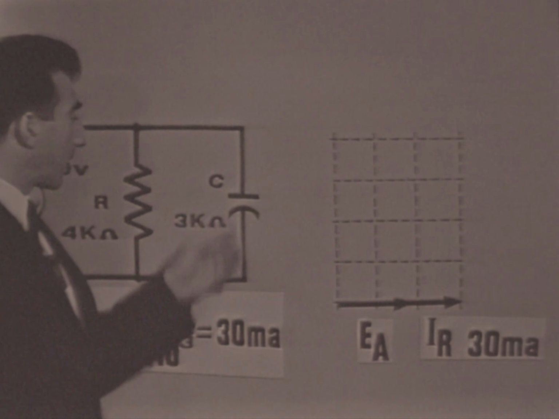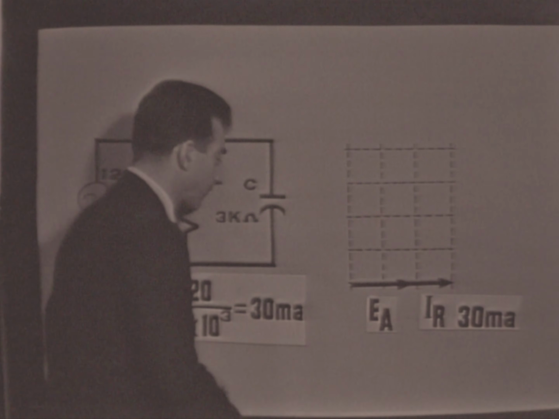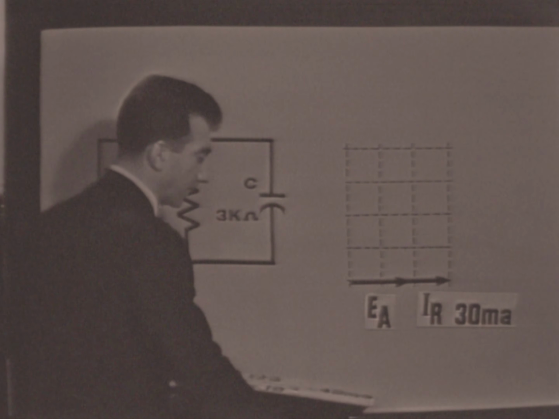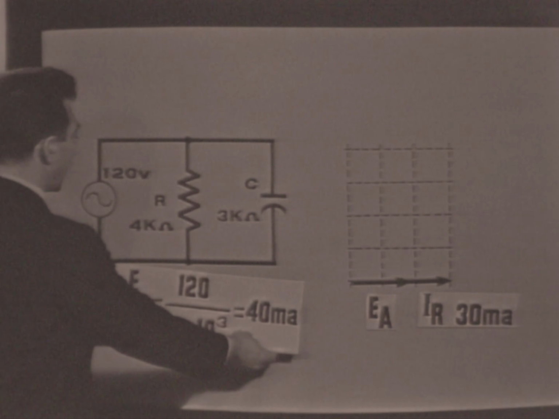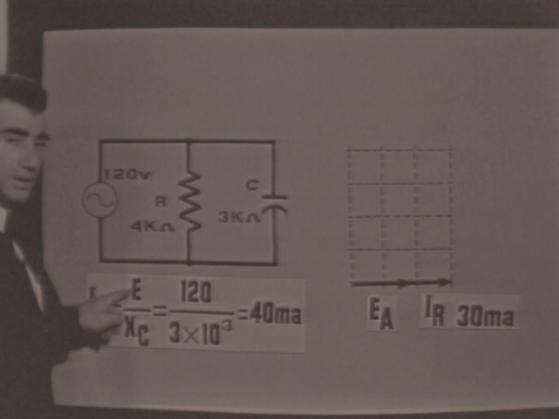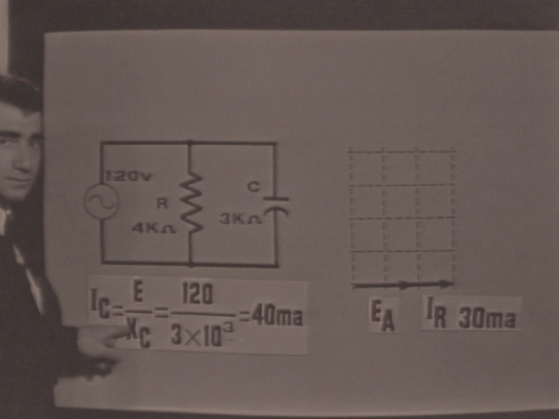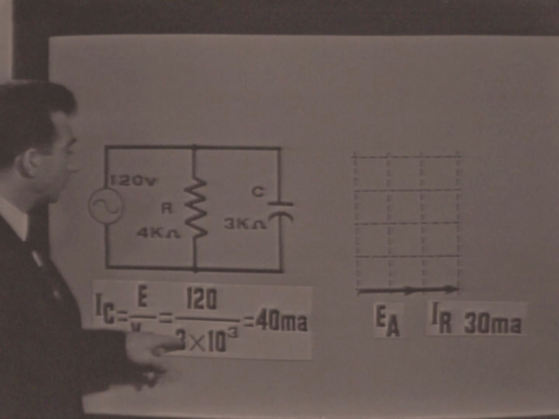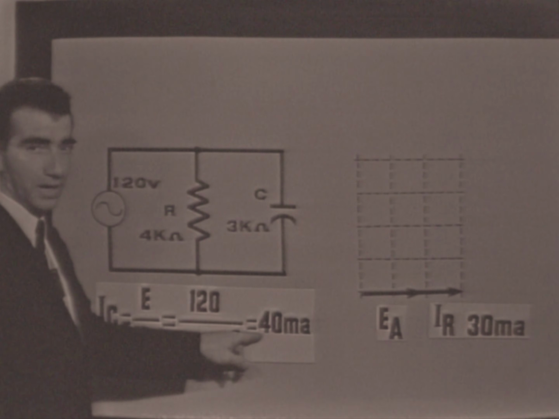Now, the capacitive current, or IC, may be found in exactly the same way, simply applying Ohm's law. In this case, IC is equal to the voltage over the capacitive reactance: 120 volts over 3 k ohms equals 40 milliamps.